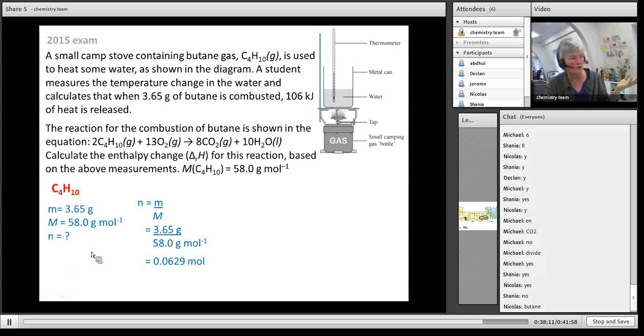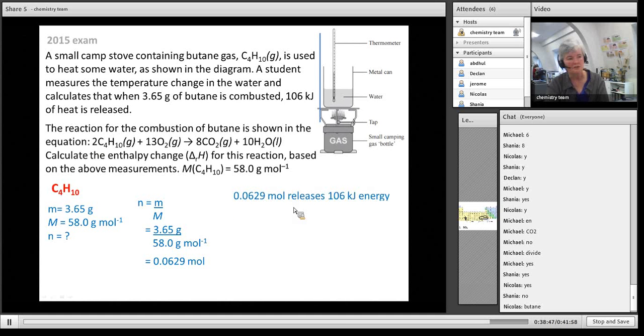Okay, you've achieved this part. Now you've got to go and do the next step where you've got to say, okay, I've got 0.0629 mole. That releases 106 kilojoules. Okay, I know that my equation has got 2 moles of butane, and I need to work out the delta H. So I've got to change this 0.0629 to 2.